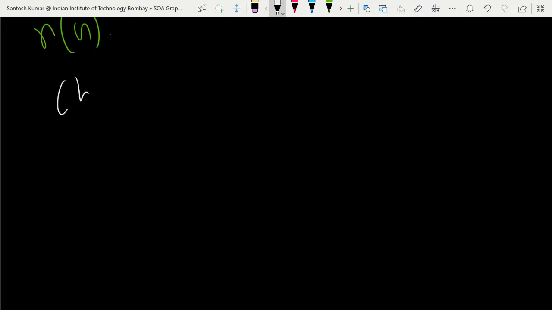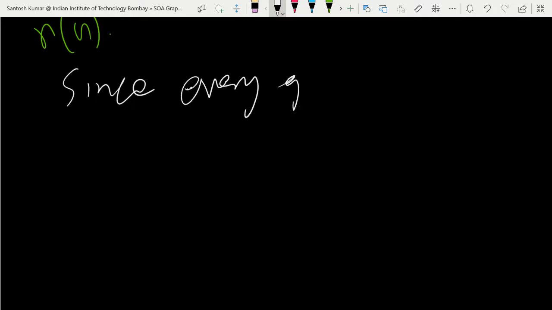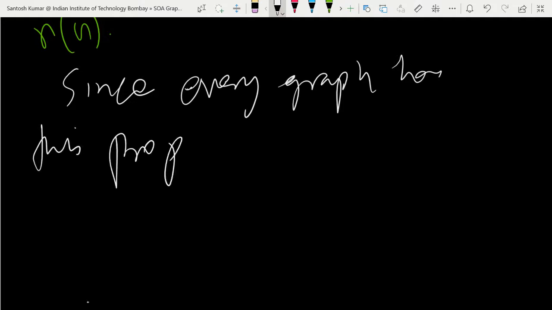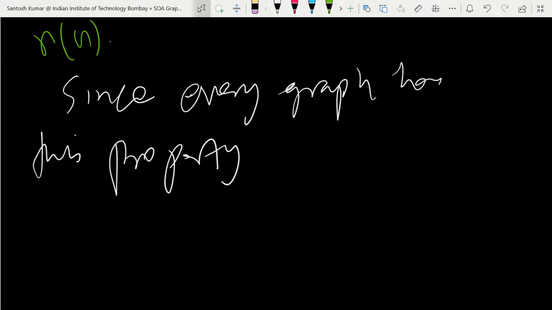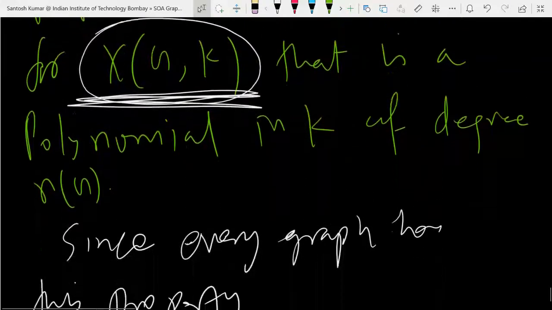Okay. So I will define the chromatic polynomial. Since every graph has this property, which property? The above one: you can group the vertices according to the colors, or you can partition the vertices, and then you can find the number of proper colorings, like we did for C4.